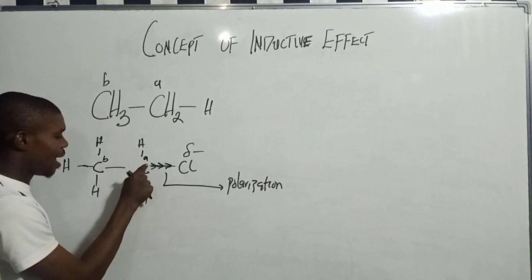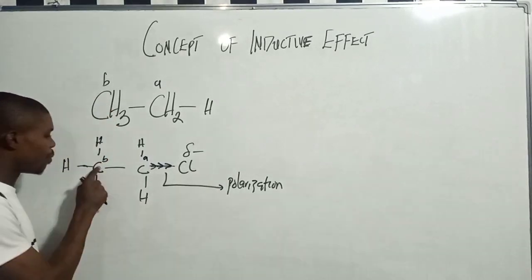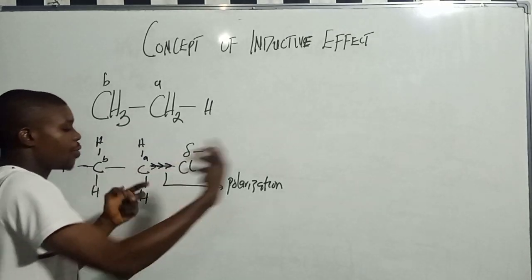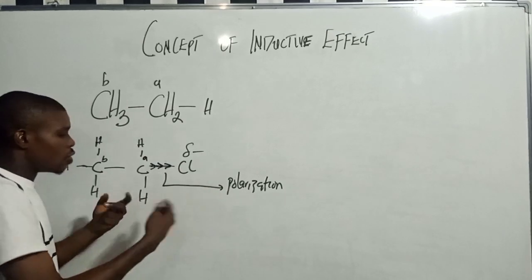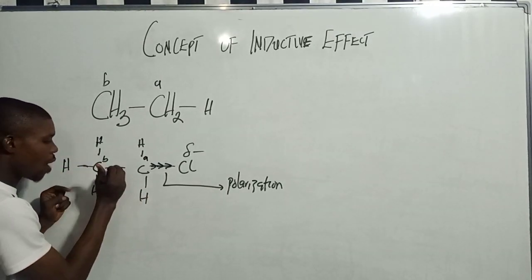Now, carbon A is now slightly more electronegative than carbon B. So what happened here? Because electron has been pulled away from carbon A, carbon A wants to compensate itself. Now what is it going to do? It is now going to pull electron away from carbon B.